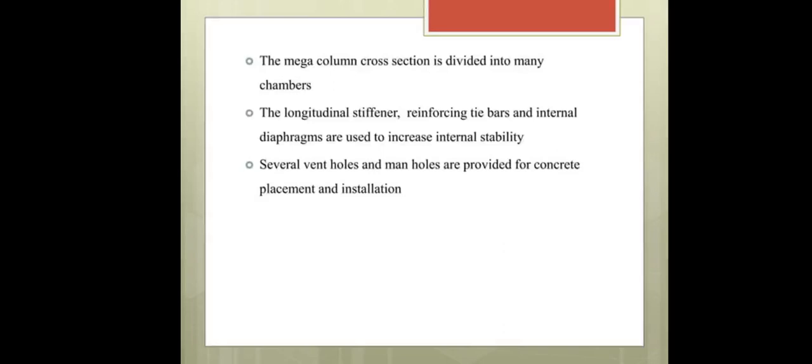The Canton Tower cross section may be divided into chambers, the longitudinal stiffeners and tie bars, and internal diagram. Several vent holes, as I have discussed, are also provided in these CFST.